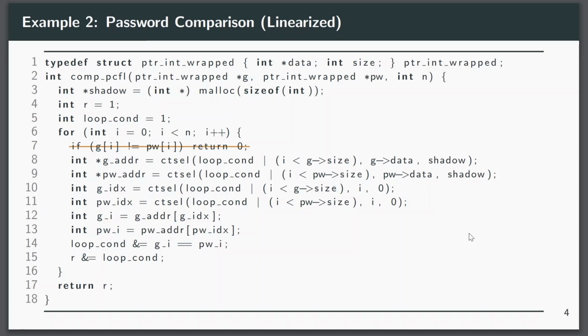Or in assembly, you also have conditional moves. These constant time selectors are the instructions we add to ensure that we are preserving the semantics of the program. That is, that the transformed code will do exactly the same thing as the original one in terms of results and side effects.